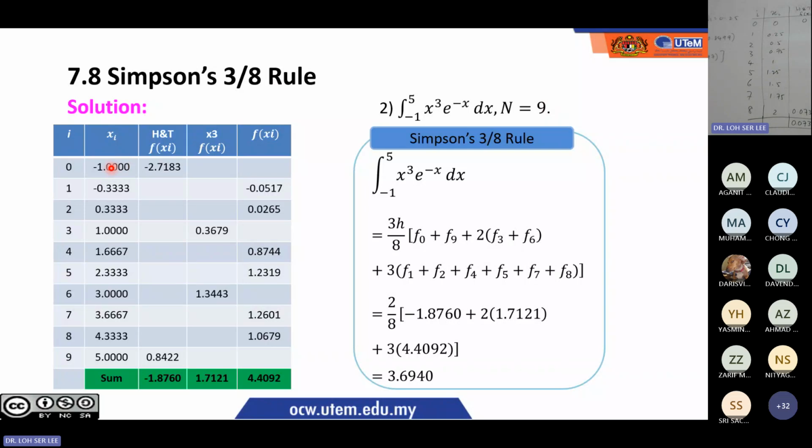So here you can use the actual one, which is easier. Starting from -1, -1 plus 2/3 is -1/3. -1/3 plus 2/3 is 1/3. You keep on adding the h until the last one you get 5.